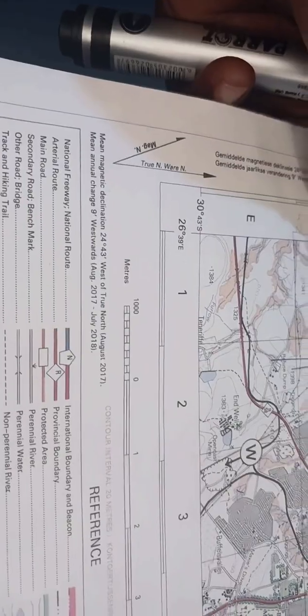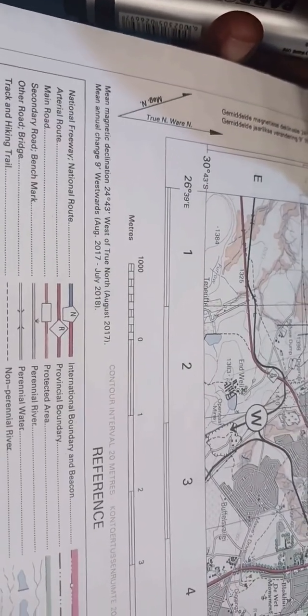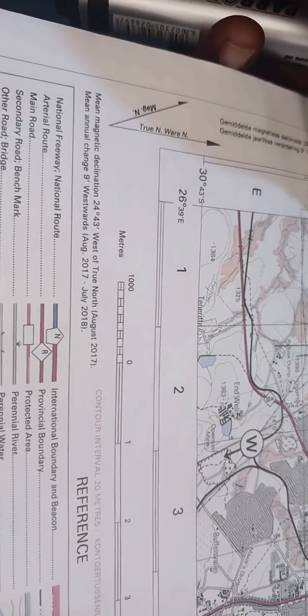So the current magnetic declination is what we have here from the year that we subtracted from 2026, which is 24 degrees 43 minutes west of true north. Then we add 1 degree 21 minutes westward.